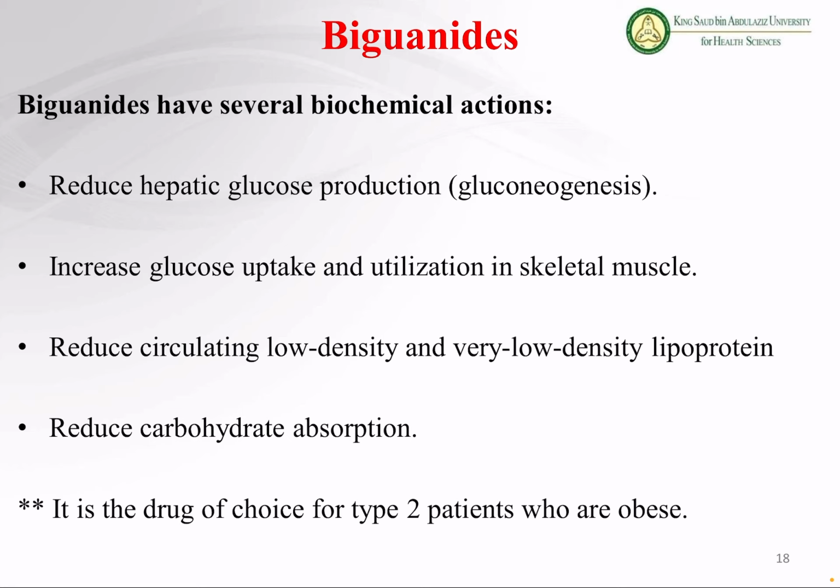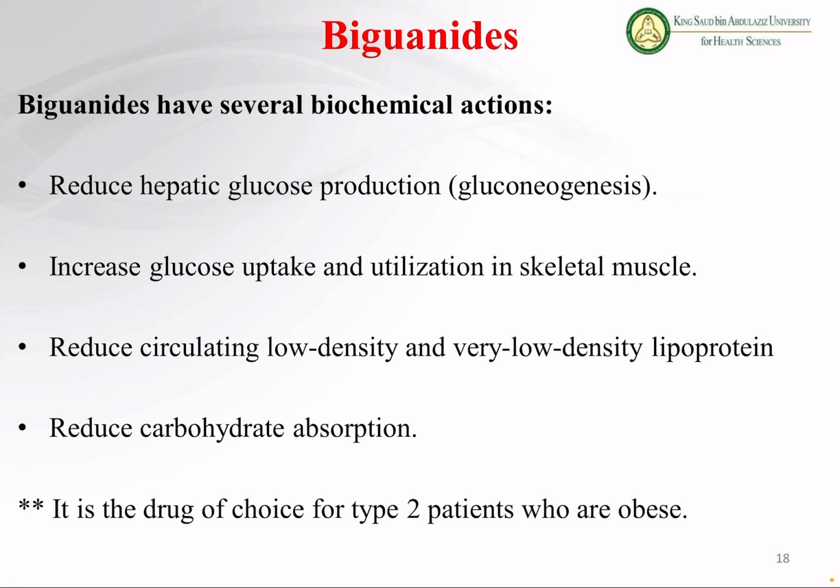We discussed in toxicology also that in case of toxic doses, our main purpose is to prevent further absorption of the drug, because once the drug is absorbed, it appears in the blood. Similarly here, once the carbohydrate absorption is reduced, the amount of sugar which appears in the blood will be low.